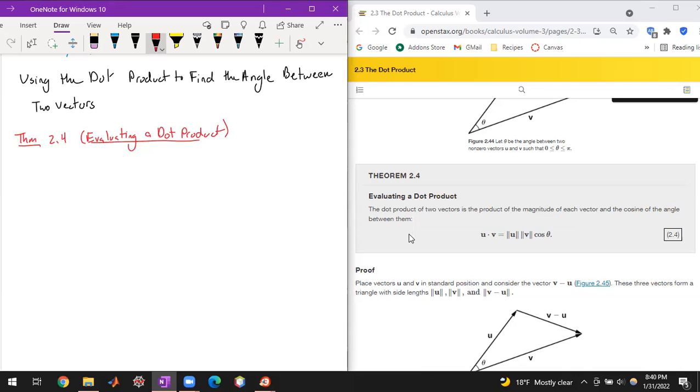All right, so the dot product of two vectors is the product of the magnitude of each of the vectors and the cosine of the angle between them.